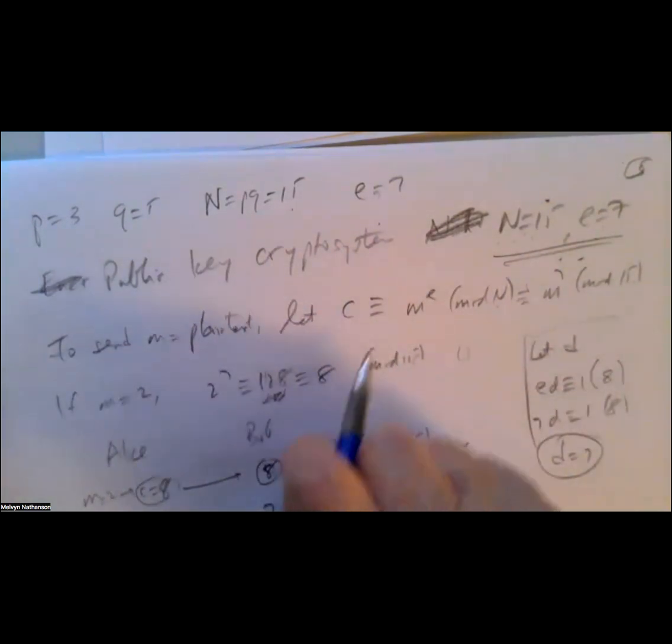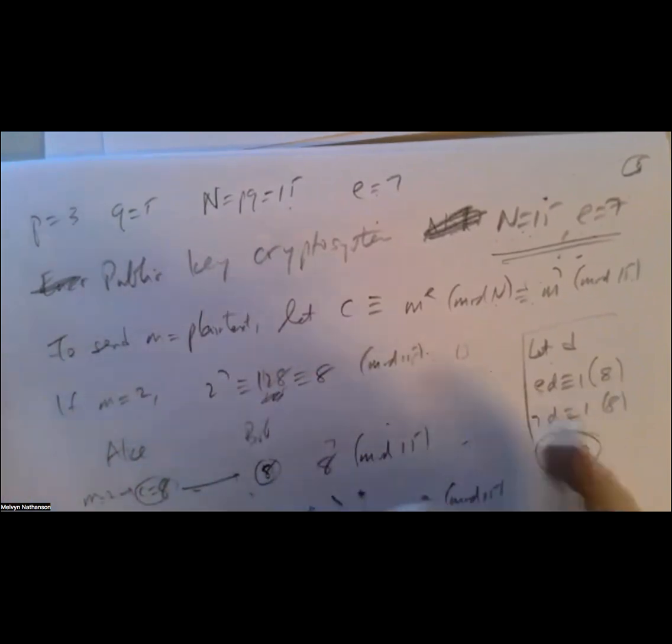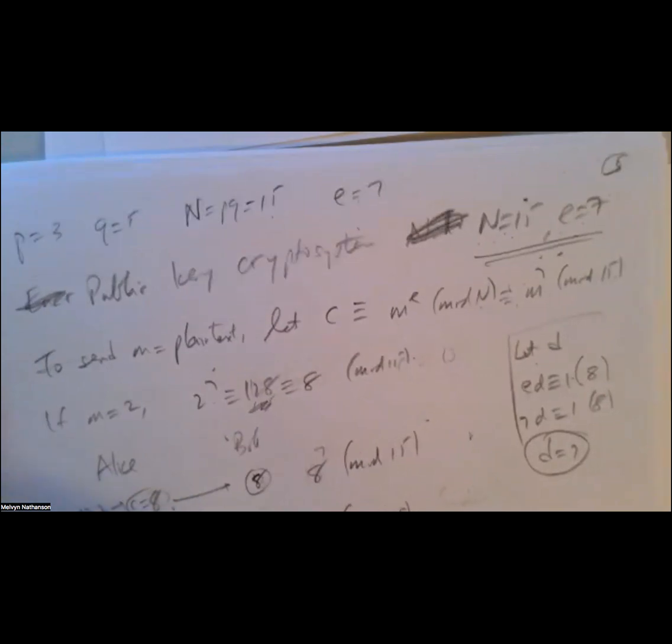And Bob computes 8 to the 7th mod 15. Let's see what that is. A to the 7th, I have to compute this mod 15. Let me see if I can write 7 as 1 plus 2 plus 4.